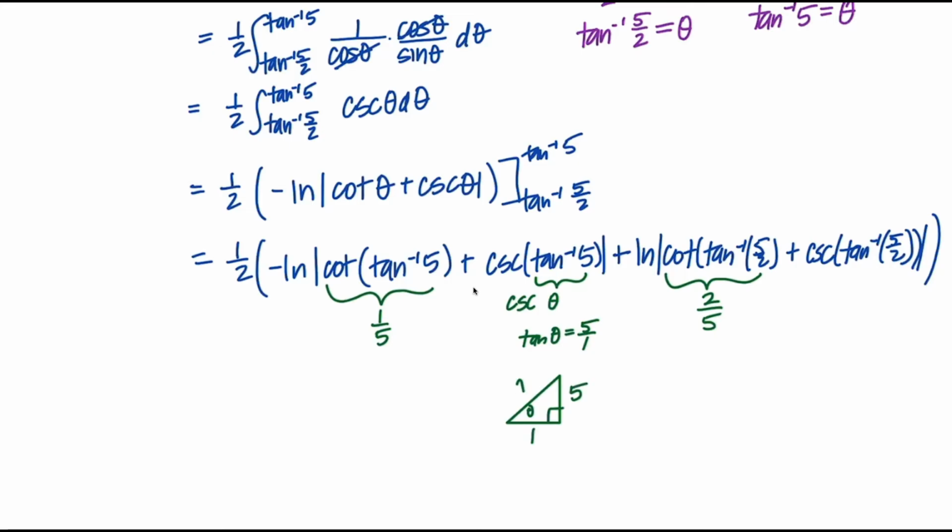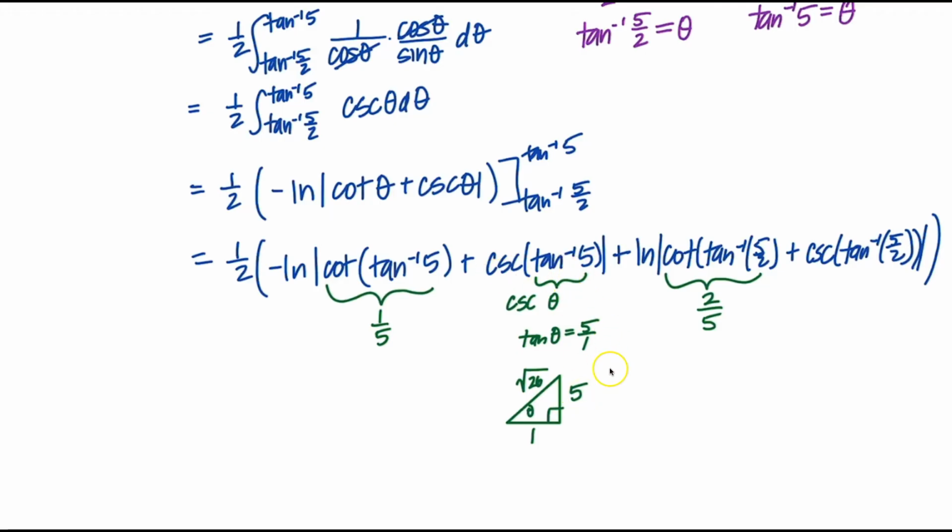So the hypotenuse is the square root of the two side lengths squared and added together, the square root of 26. So this expression is really asking us for cosecant of this angle theta, which is the reciprocal of sine. Sine is opposite over hypotenuse. So we're looking at hypotenuse over opposite. So the square root of 26 over 5.